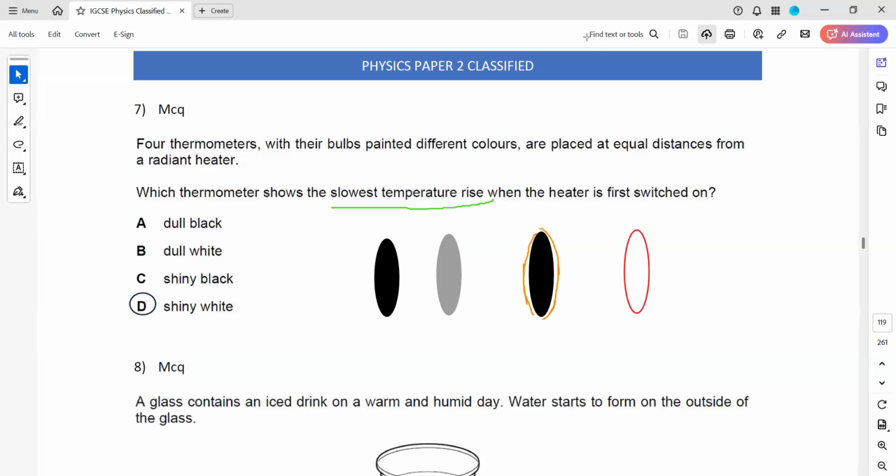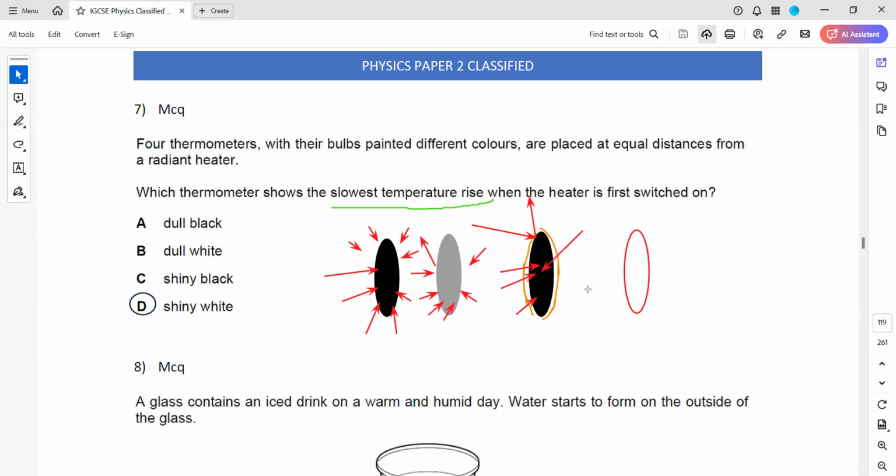So which shows the slowest temperature rise? Dull black surfaces are good absorbers, so maximum energy will be absorbed. Dull white will also absorb, but because of the white color it may reflect some. Shiny black is shiny, so a good reflector, and black means it can absorb as well.